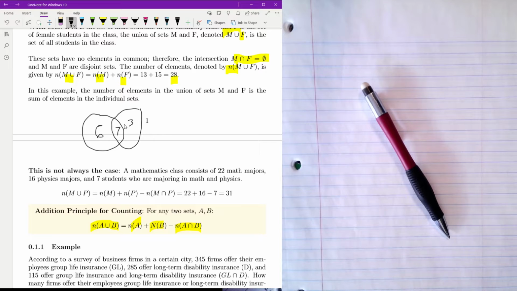So this is A, and this is B. A has 13, B has 10. What we're doing is counting 7 twice. We're counting it as part of A, and we're counting it as part of B. So in order to get the correct answer here, we must subtract off 7, which is the intersection.